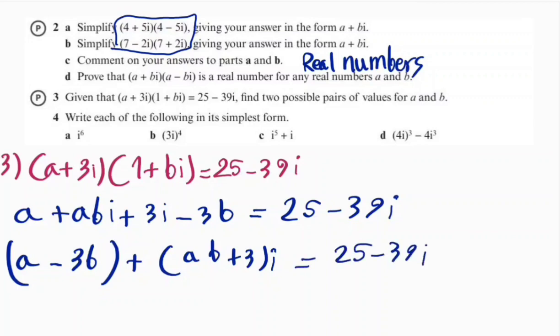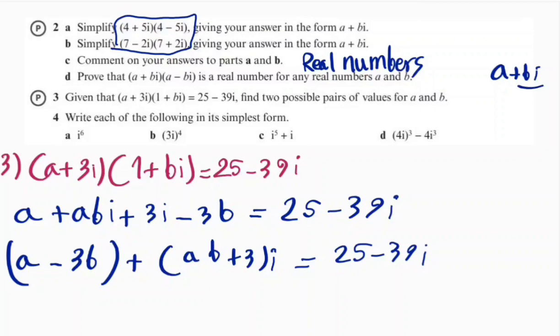So remember that the second thing that you do after expanding is that you simply try to write that in the form a + bi, where a represents all of your real parts, and bi is the imaginary part.